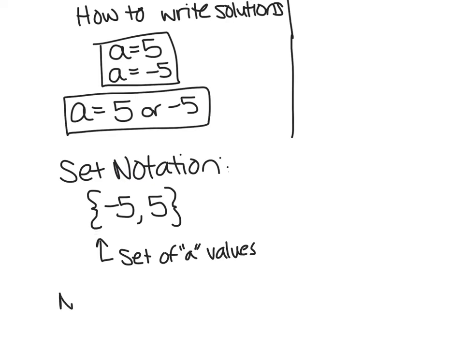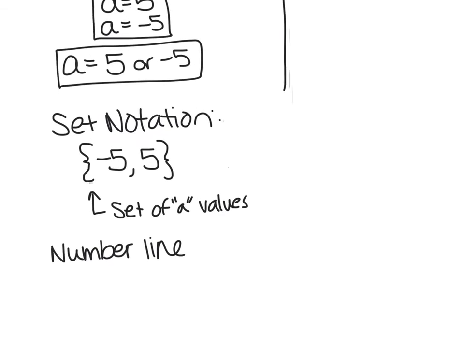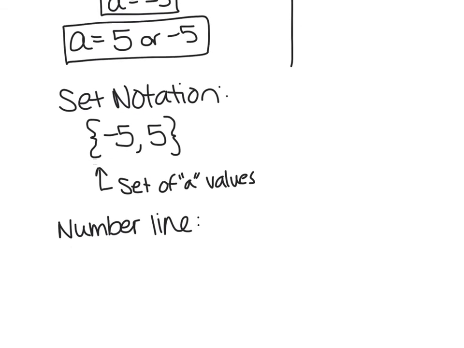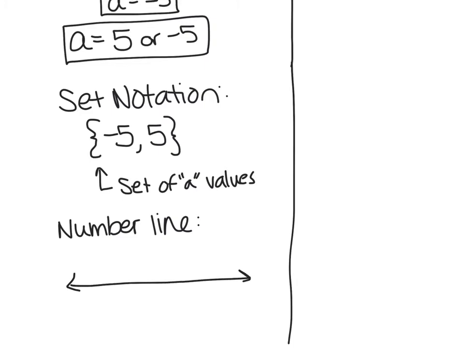And then lastly, we have a number line. So I'm going to start this from negative 5. So there's my number line.